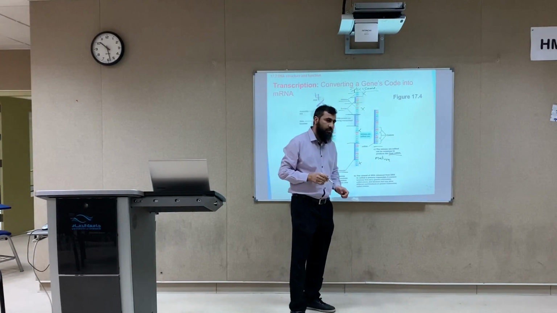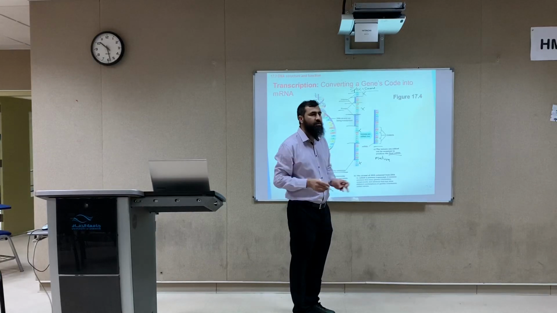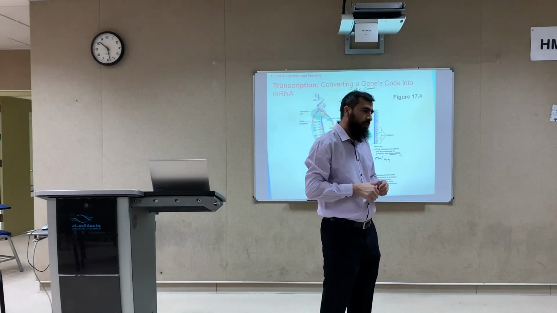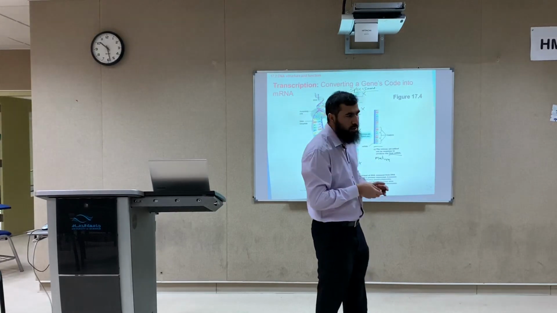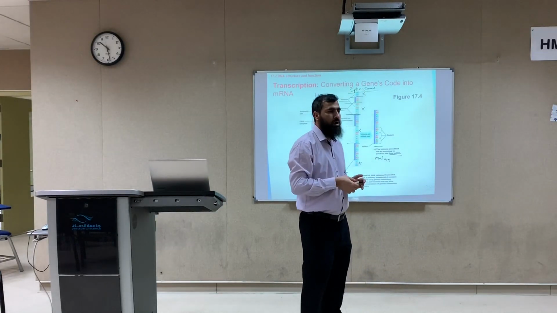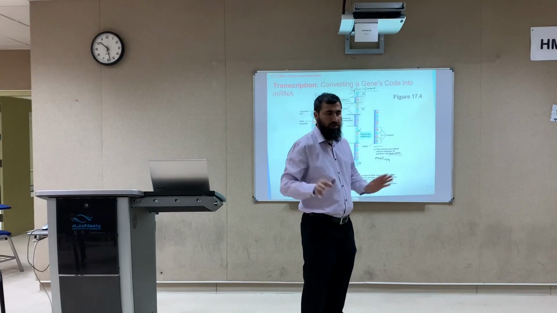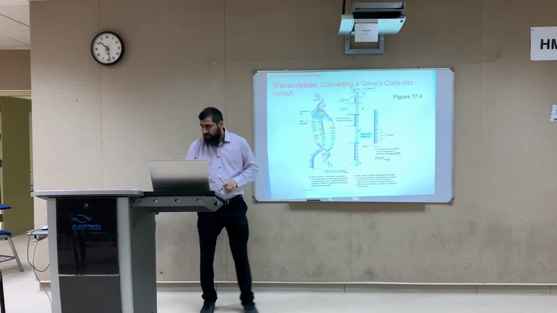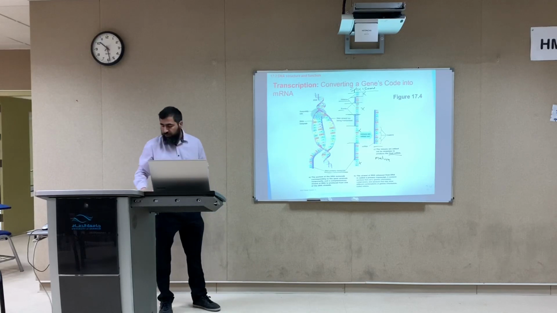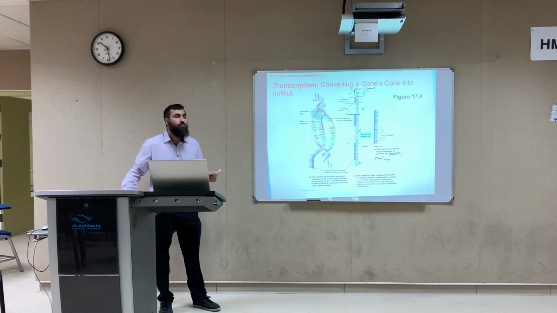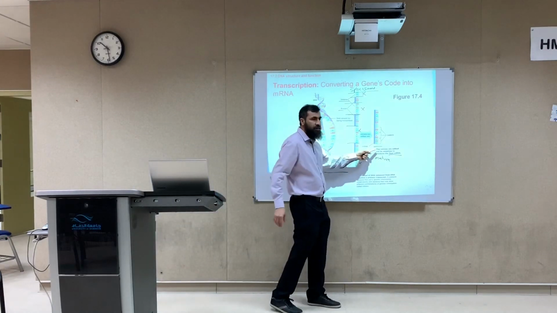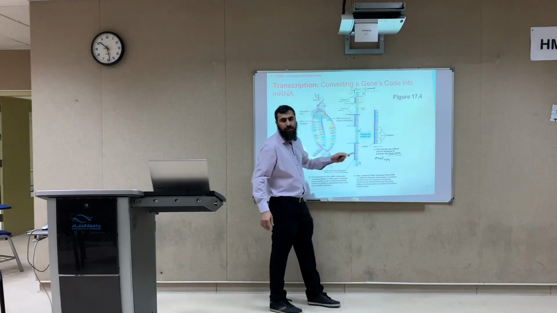And where do the introns go? Well, they disintegrate, okay? If they have some function, they will be used further on. Sometimes they can code for what we call microRNAs, which we're not going to deal with, okay? So the introns need to be removed. They don't code for protein. The exons are joined together, and this is what is translated by the ribosomes.